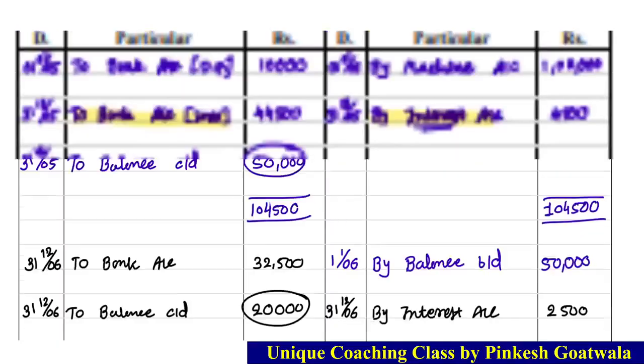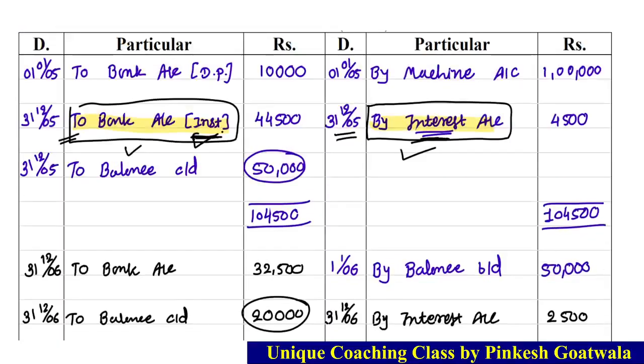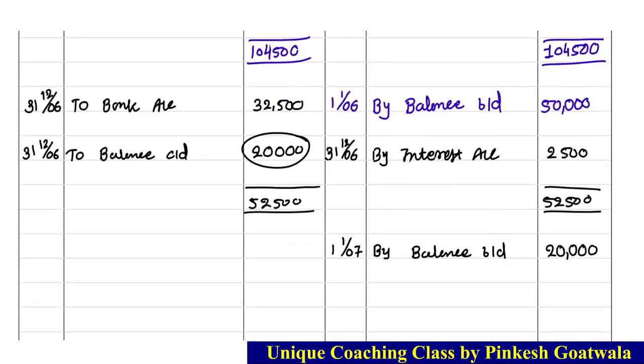So you won't even have to memorize. Think about the first year journal and give them effect. Now just remember you have to give next year's entry about installment and interest. Here interest and here installment. Clear?